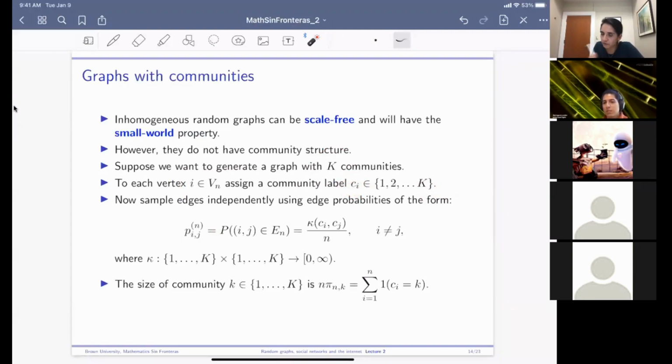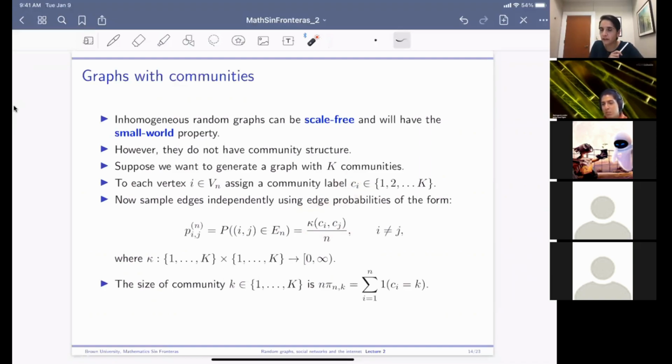However, unlike the previous example, where the function using those two parameters was the product, here I'm going to allow it to be more general. I'm going to call this kappa a kernel function that gives me different possibilities depending on the values of Ci and Cj, and is not necessarily proportional to the product of the two.